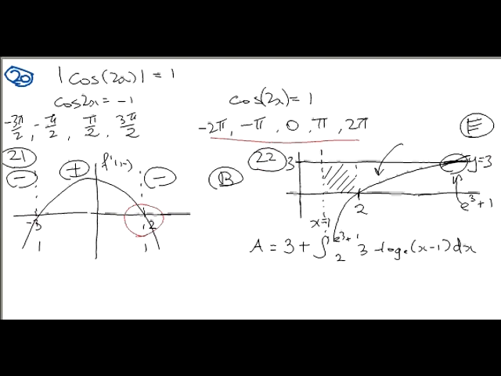That's probably a reasonable way of doing life, but there's another way. The other way is to integrate not with respect to x, but with respect to y. So you just change the equation around. If y equals log base e of x minus 1, then when you transform things around, x is going to be e to the y plus 1.